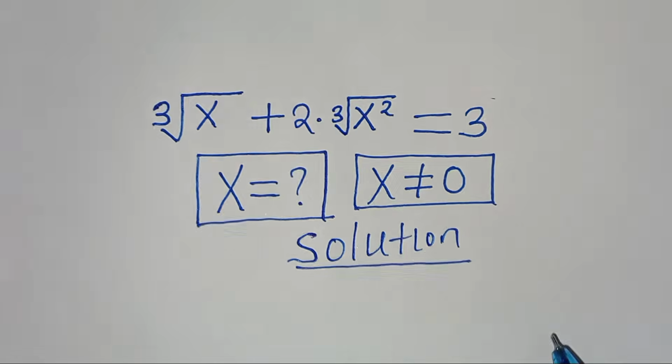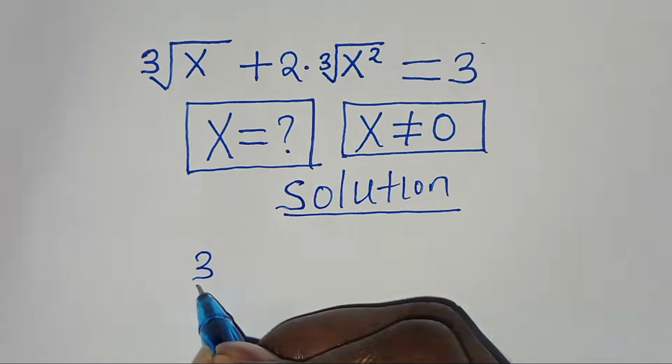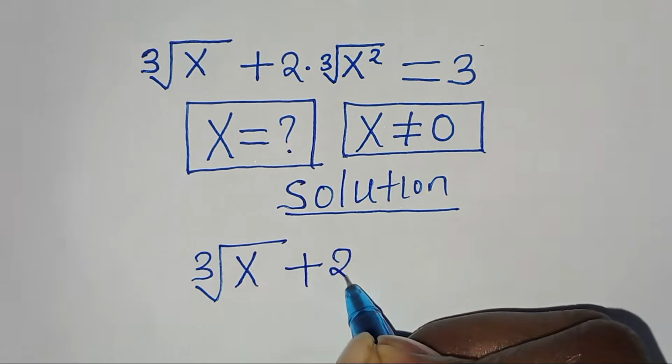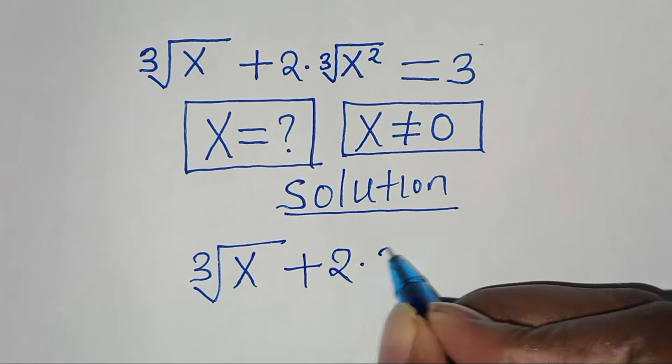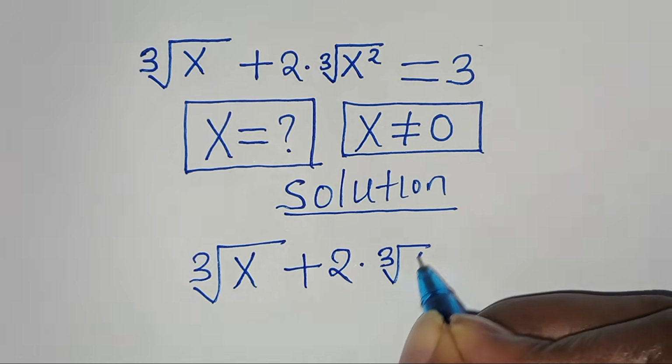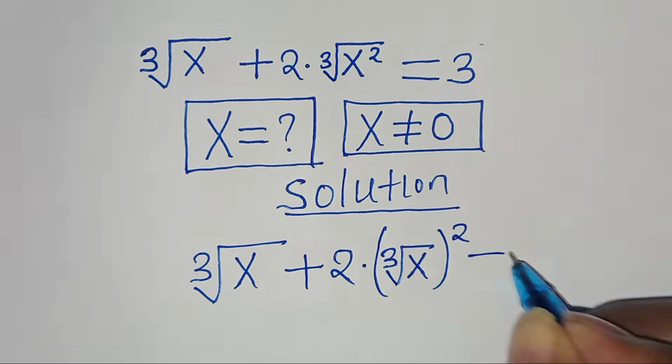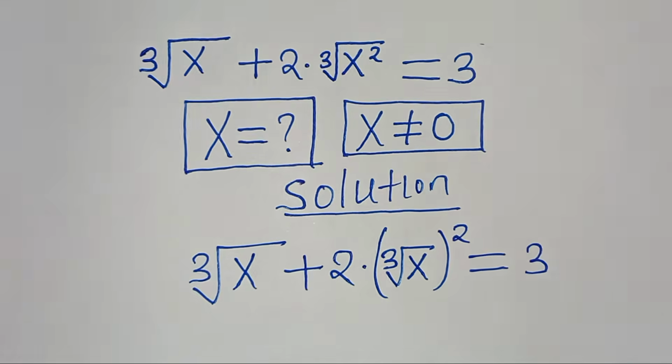Now, we have the cube root of x plus 2 multiplied by the cube root of x, and we raise this to the power of 2. This is equal to 3.